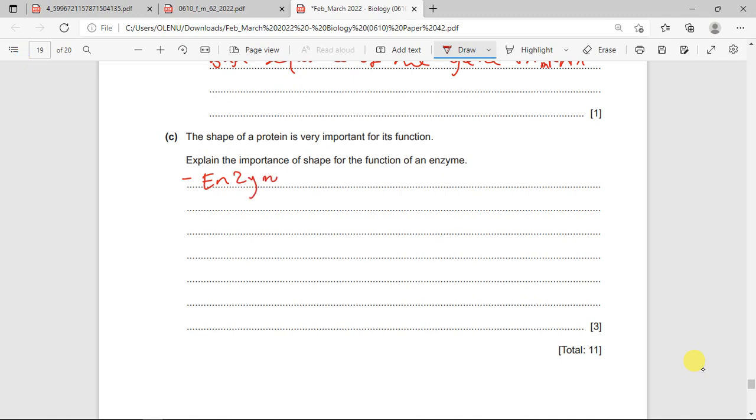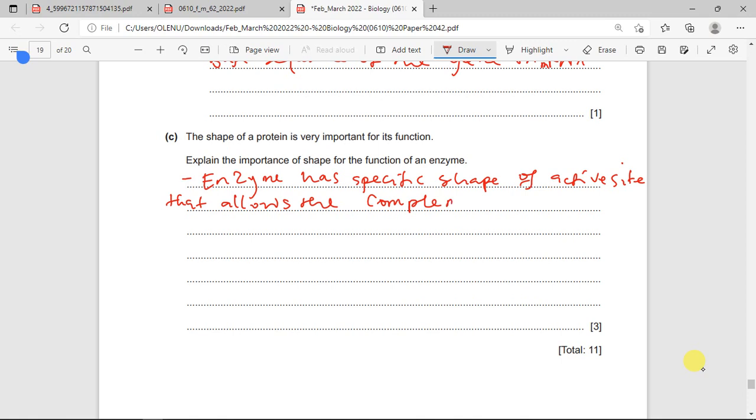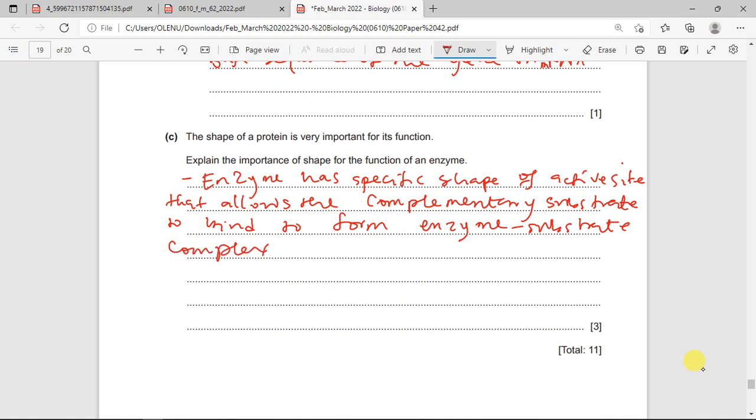Enzyme has specific shape of active site that allows the complementary substrate, because it's 3 marks, to bind to form enzyme substrate complex. This will give you 3 marks.